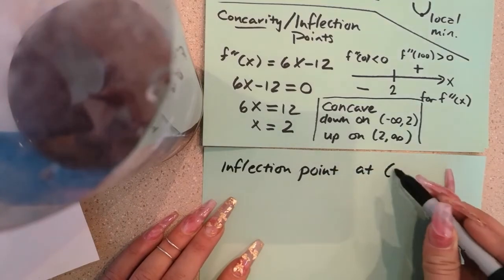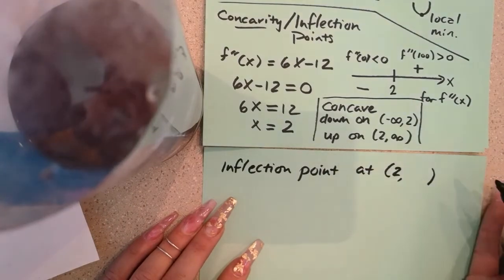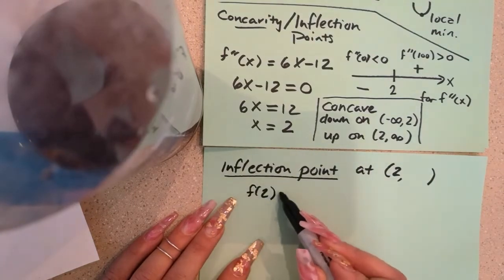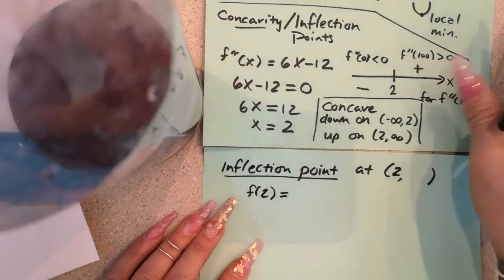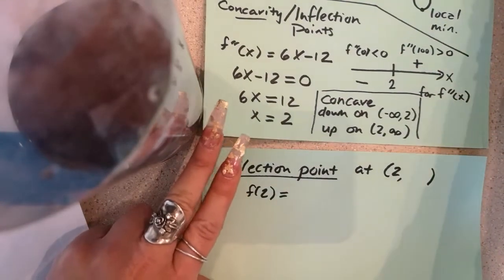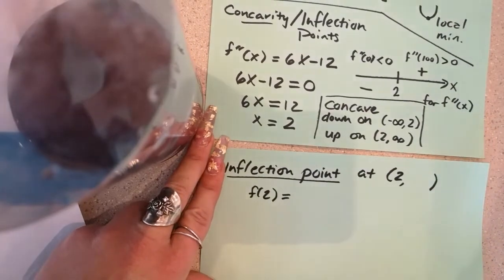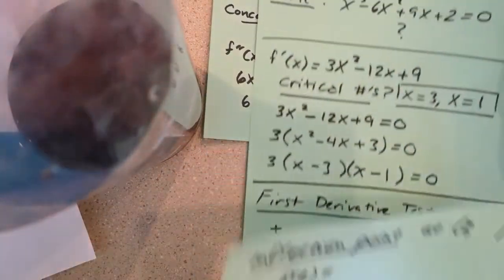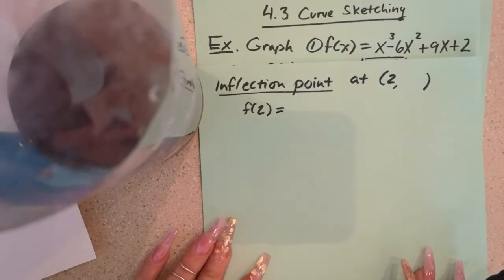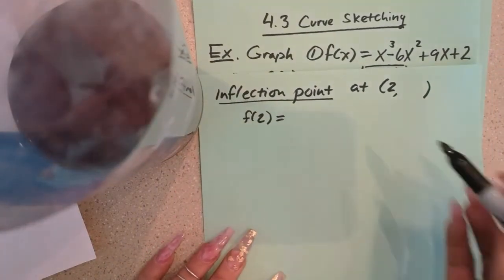So then there is an inflection point. And that would be at 2, okay, now I have to find f of 2. So I'm actually looking for the point on the graph now. So I have to refer back. Let me see, where is my original function? All the way back up here. Okay, so what is f of 2?